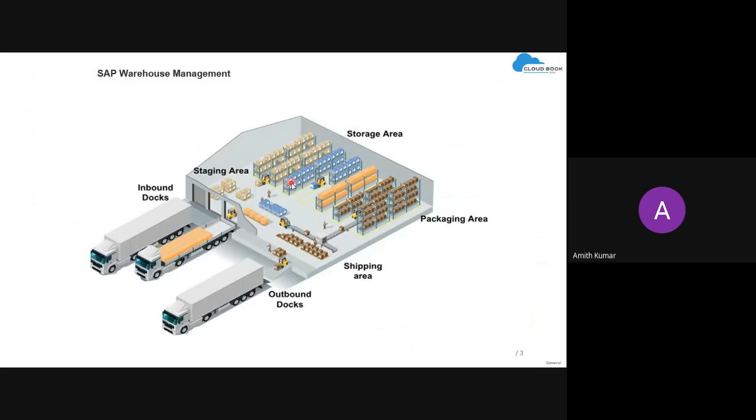Yeah. So if you see in this particular picture, these are the racks where the stock is stored. This blue box is nothing but a pallet. Or even in the staging area, you see all these boxes. These are carton boxes which are stored on a pallet.